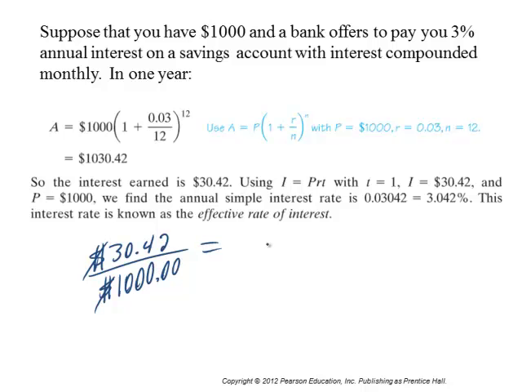And what does that get you? That gets you 0.03042. Just a decimal, right? But convert this to a percent, and that's 3.042%.